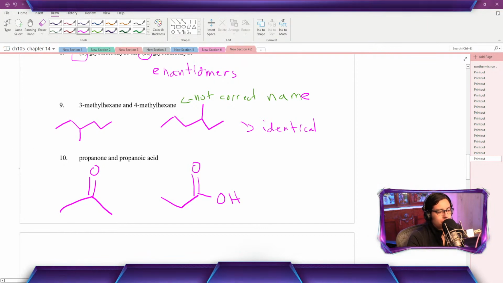So this is C3H 1, 2, 3, 4, 5, 6, O. And this is C3H 1, 2, 3, 4, 5, 6, O2. And so these would be not isomers.